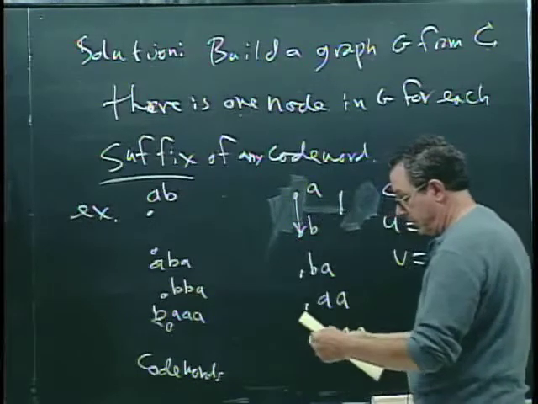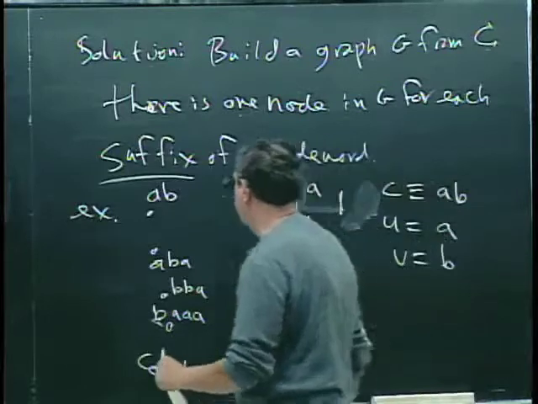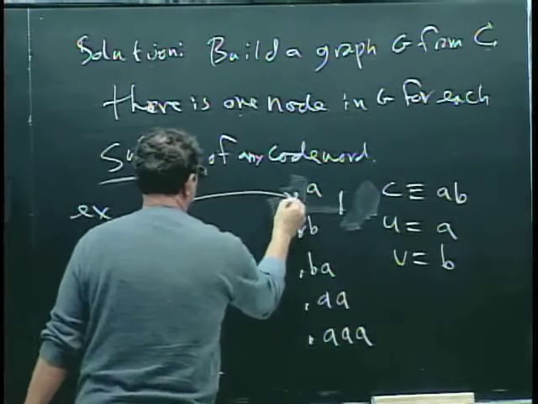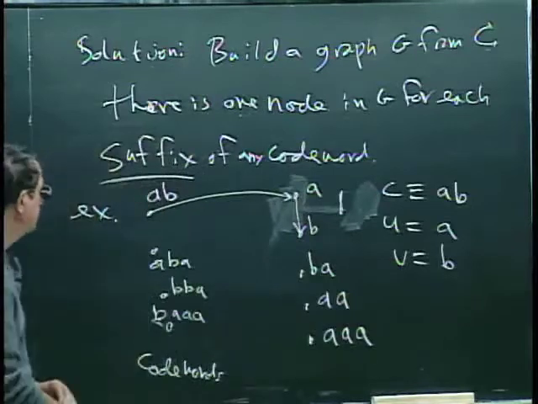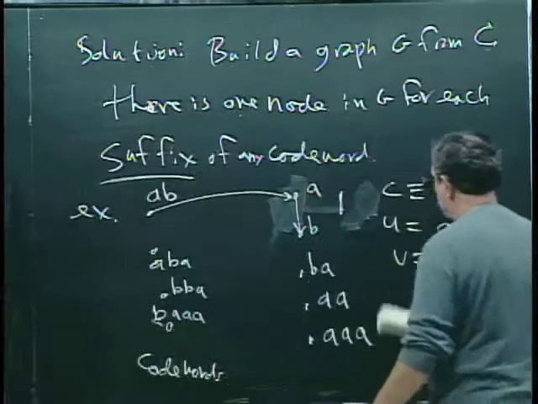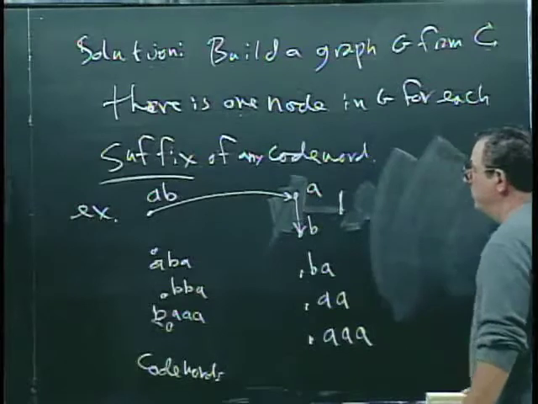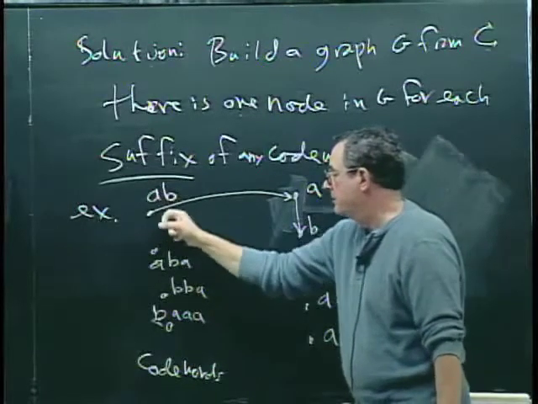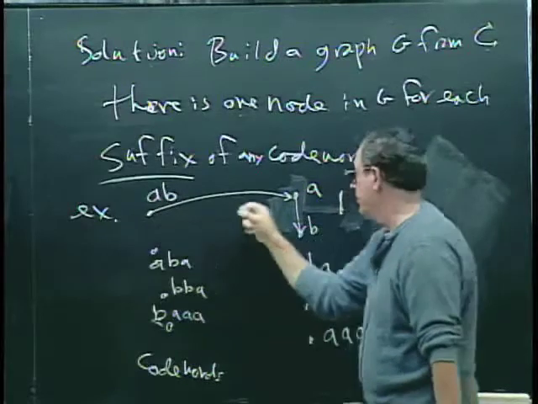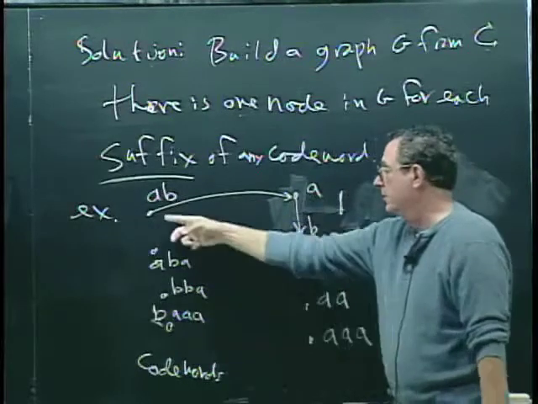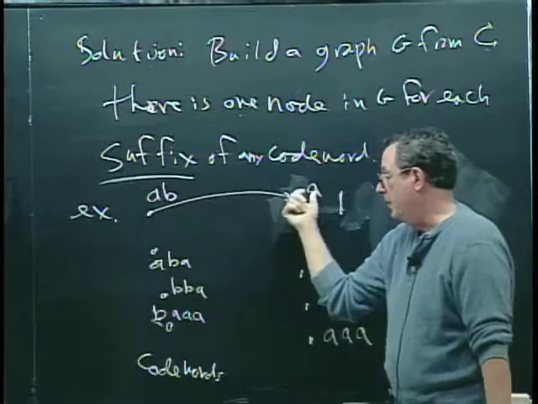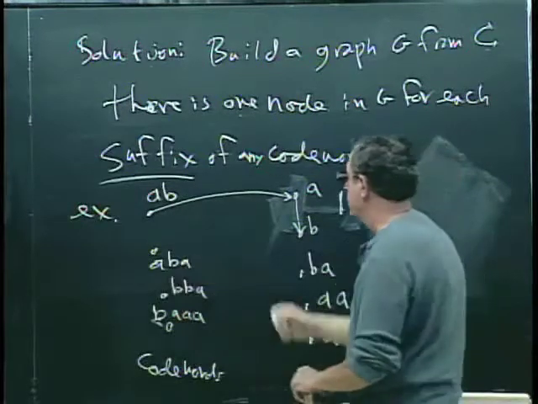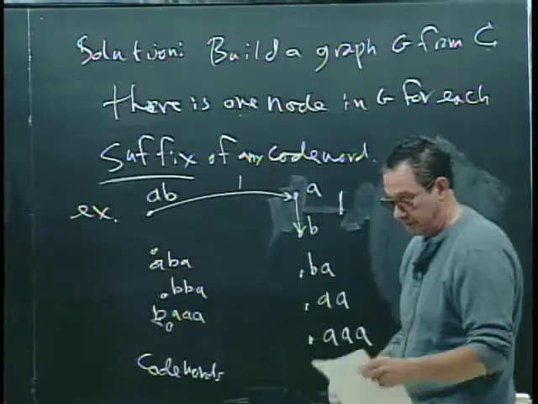How about from AB to A? Is that a type 1 edge? Well, remember what type 1 says. There should be a code word which is this suffix followed by this suffix. So we're looking for a code word which is ABA. And we have that. That's right there. Okay? So this is a type 1 edge also.